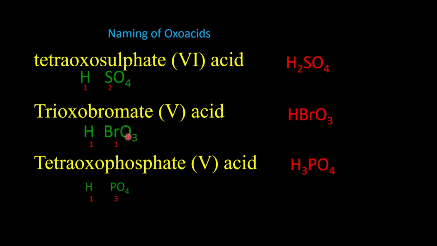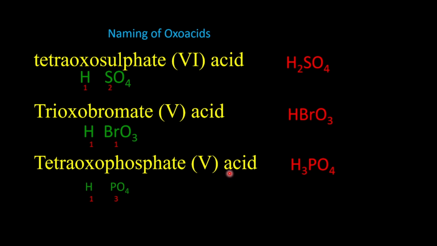So putting the two together will give us HBrO3, with 1, 1, because BrO3 has a charge of -1. So it is not like the H2SO4 here. BrO3 has a charge of 1 minus. Good.